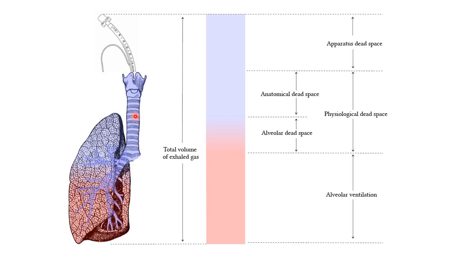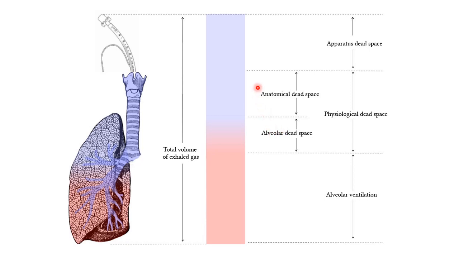And furthermore, there are alveoli, even if there is the presence of blood vessels around them, that do not participate in gas exchange. So that is your alveolar dead space.